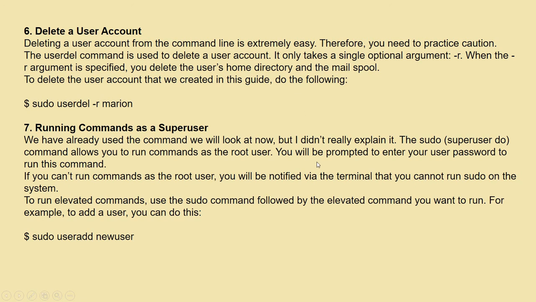You will be prompted to enter your user password to run this command. If we cannot run commands as the root user, we will be notified via the terminal that we cannot run sudo on the system. To run elevated commands, use the sudo command followed by the elevated command you want to run.